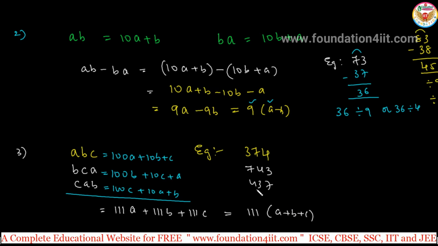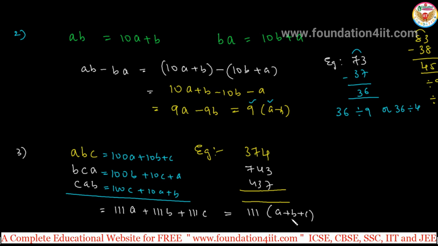So one thing you can conclude: by adding the 3 numbers made by interchanging the places, the result is divisible by 111 or by the sum of their digits. Now in this example, 374, 743, 437, if you add them, you get 1554.